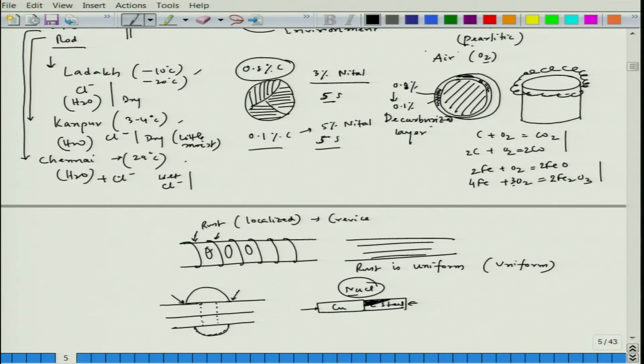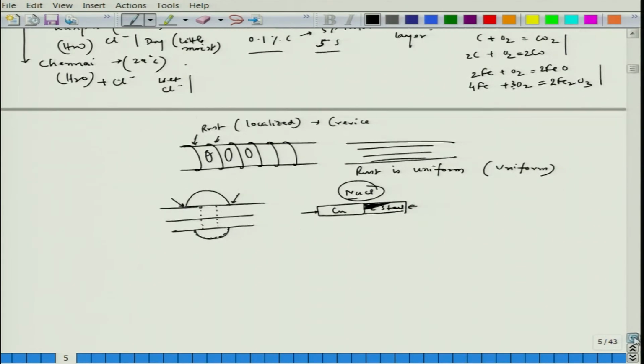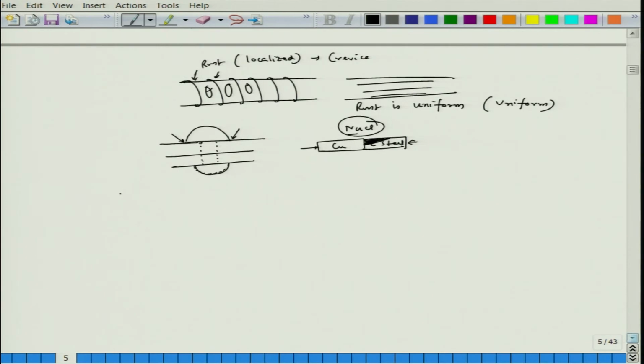Now, on the basis of this corrosion pattern, we can define different corrosion types. As we go ahead we will see that there are different factors which lead to such corrosion patterns. So, let us check the corrosion patterns and see the different factors.